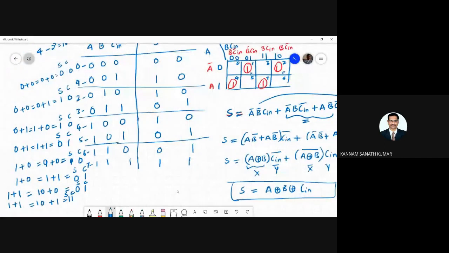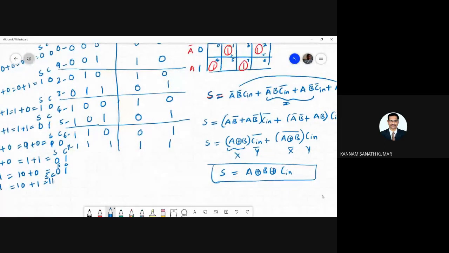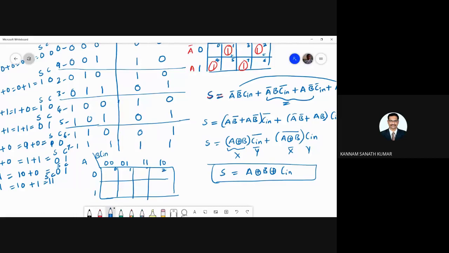So if you draw the K map for carry, here I am writing A, B, C in, 0 1, 0 0 0 1 1 0 1 1 0 1, 2 3, 4 5 6 7.